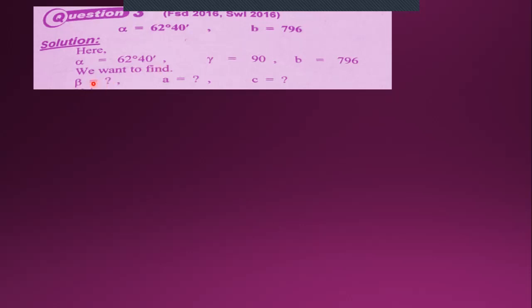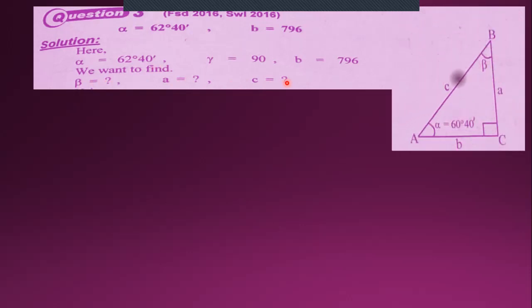Now the things to be found are beta, A and C. Again we will make the triangle. This is the triangle, beta. As alpha is given, we need to take alpha at the bottom position. If I have taken alpha at the bottom position, then obviously it is at point A. Here we have been given that gamma equal to 90 degrees, so it would be at point C, and obviously point B would be above at the top position and the angle would be beta.